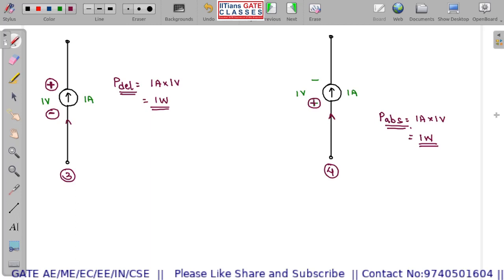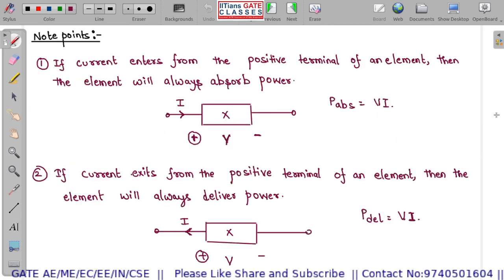So I have condensed this concept of power absorbed and power delivered onto one single positive terminal. If current enters from the positive terminal, then power is absorbed. If current exits from the positive terminal, then power is delivered. Just remember these points.